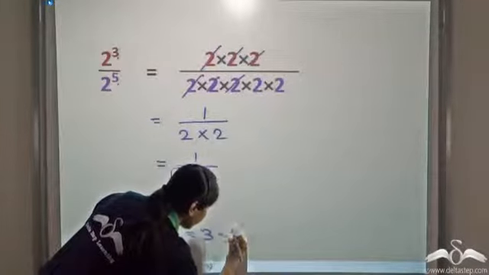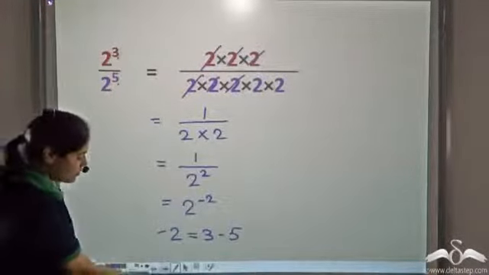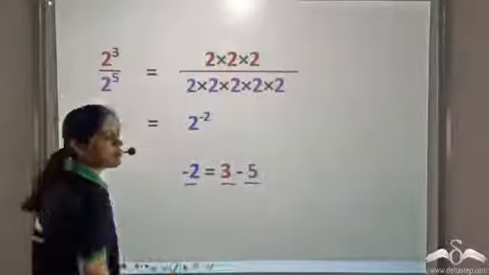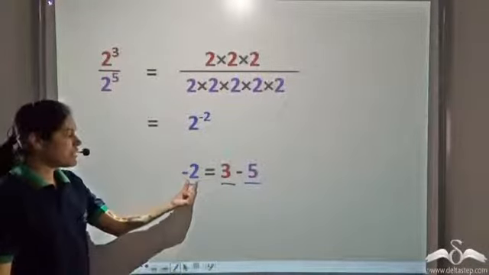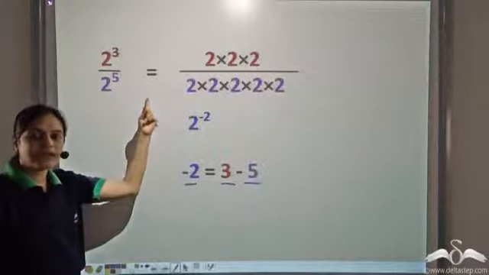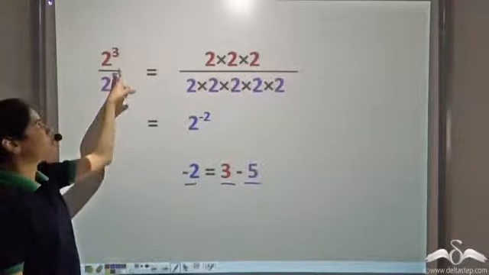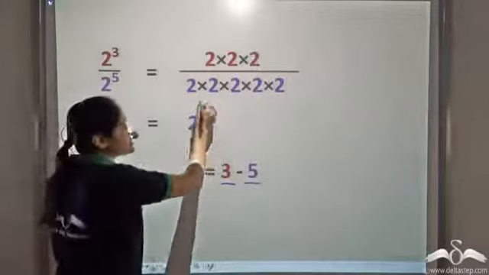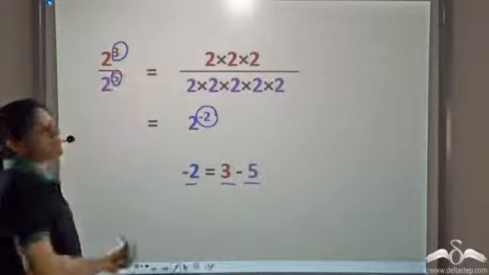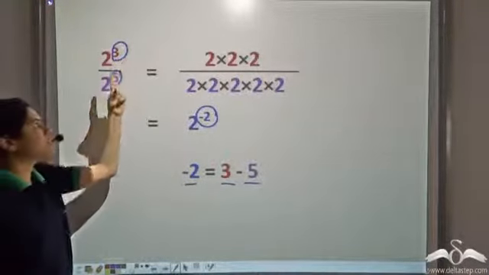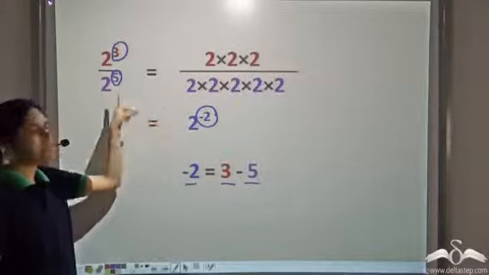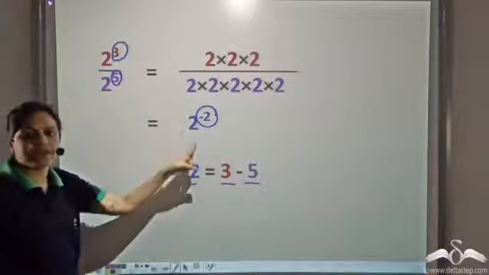So once again, when two exponentials with the same base are divided, the power is subtracted. That is, this power is 3 minus 5, the exponent in the numerator minus the exponent in the denominator. And the base remains the same, which is 2 in this case.